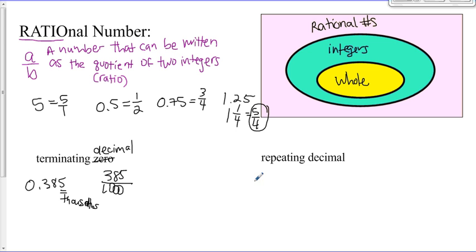Believe it or not, repeating decimals can also be written as a ratio of two integers. 0.3 repeating is just 1/3. If I had 0.45 repeating, that's actually just 45 over 99. And so we can talk about how to do this, but know that repeating decimals are also rational numbers.